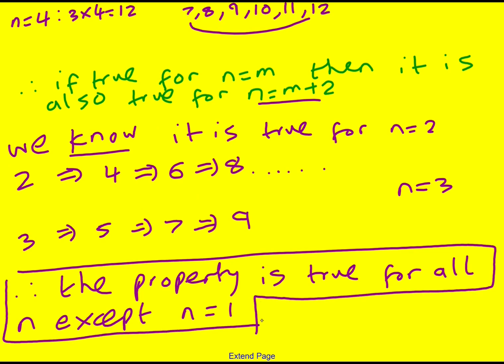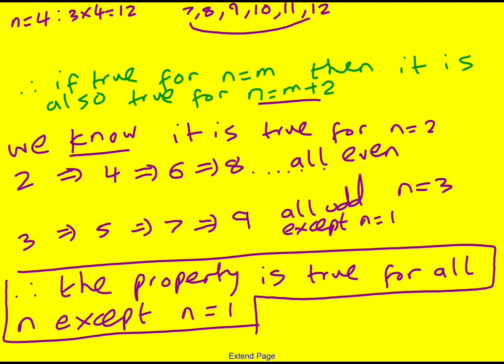But because 1 is not true, we can't say that 1 implies 3. It's only if it is true that we can say it implies the next one. So all even and all odd except n equals 1?